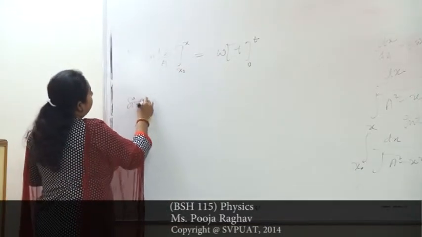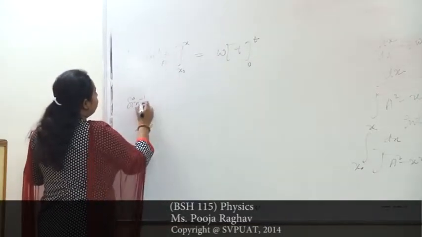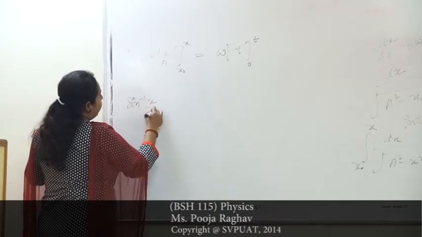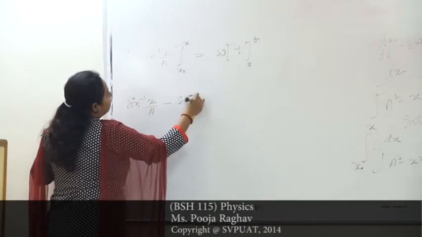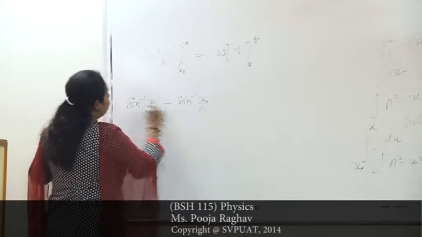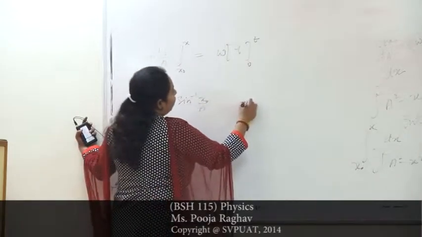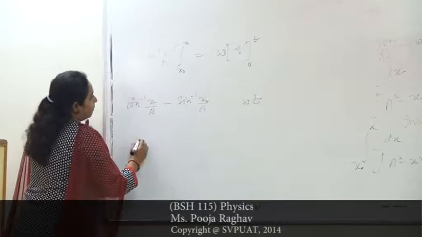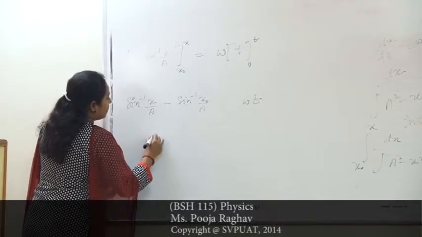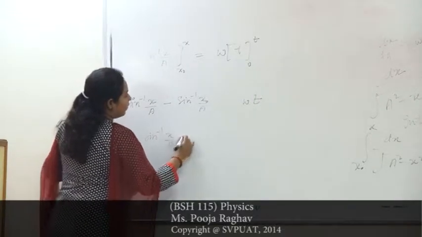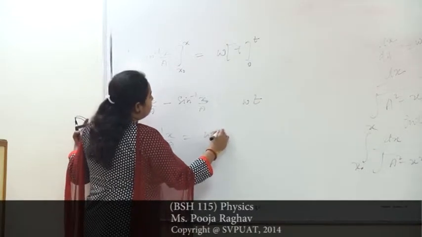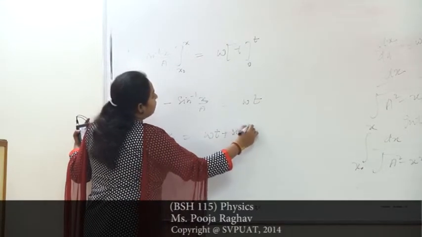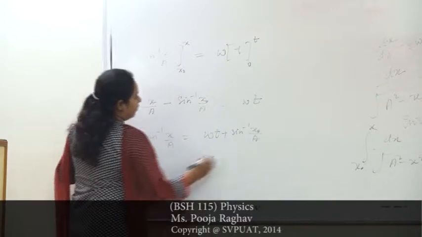Then upper limit minus lower limit: sin inverse x upon a minus sin inverse x naught upon a, and here omega t. Then sin inverse x upon a is equal to omega t plus sin inverse x naught upon a.